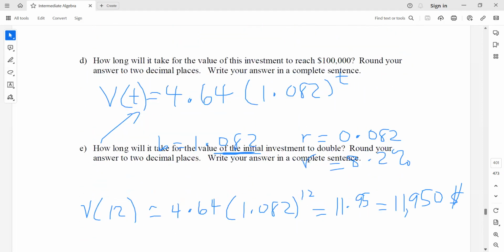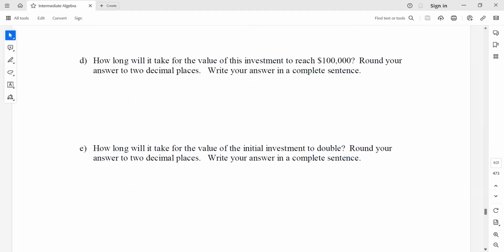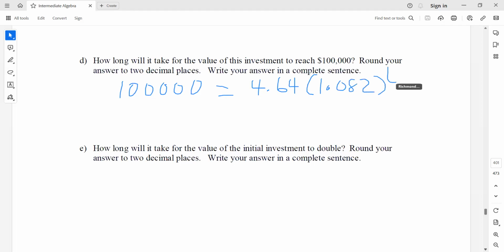D says, how long will it take for the value of the investment to reach 100,000? So if you want to know that, 100,000 is our Y. And then we have 4.64, Y1, Y2. Okay? So you go back to the calculator, and then you do that.